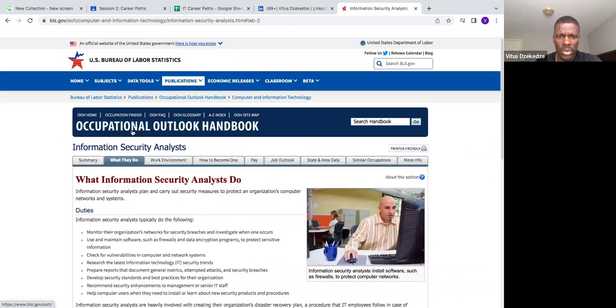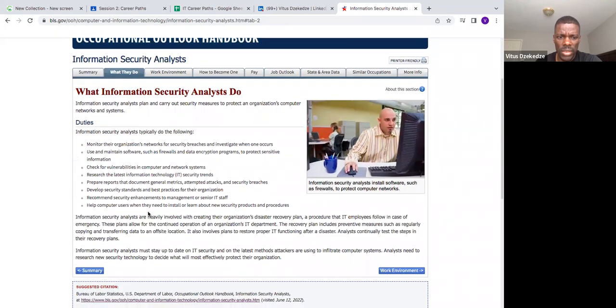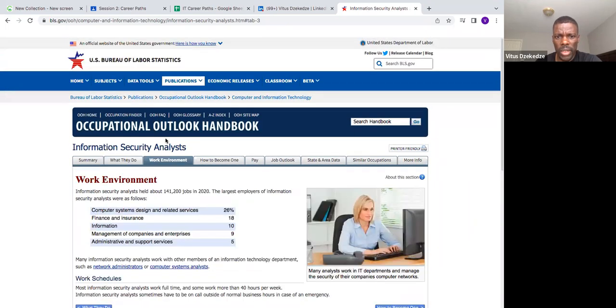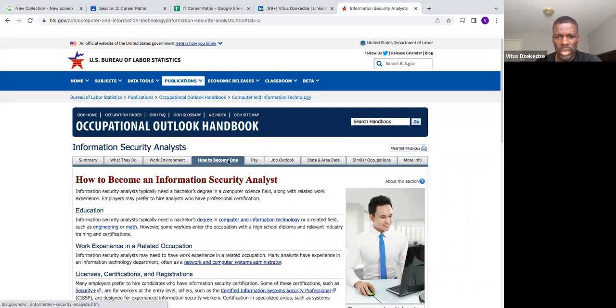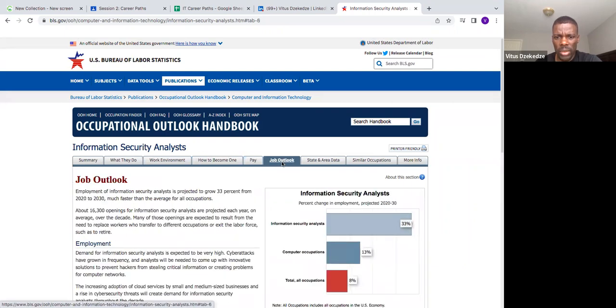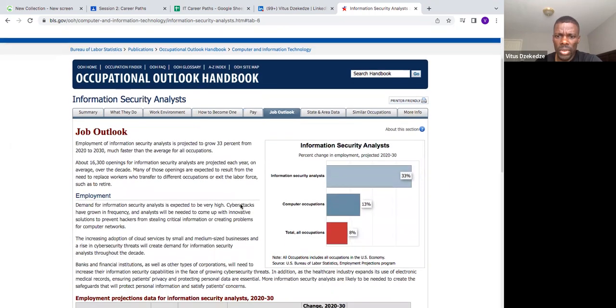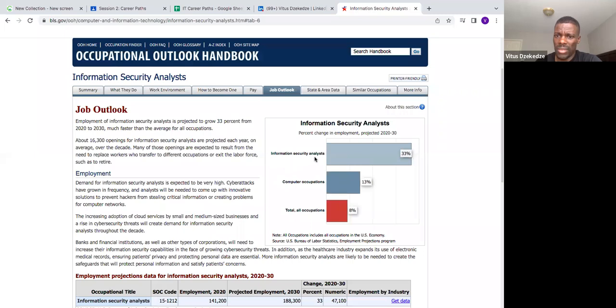It tells you what they do, the different duties, the work environment, how you can become one, the pay, and the job outlook, telling you that information security analysts are going to be needed about 33%, while other computer occupations about 13%, and so on. That's the projected employment in about 10 years' time.